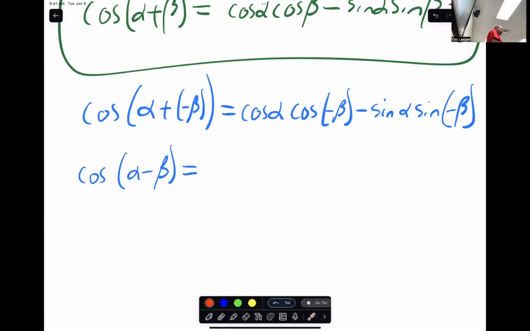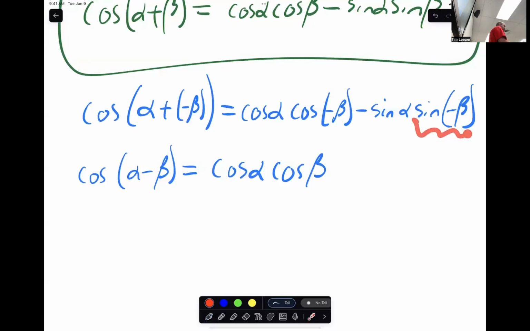But over here on the right-hand side, notice that this negative beta is on the inside of a trigonometric function, so it can either go away or it goes on the outside, one of the two. Is cosine even or odd? Even. What even means is that negative sign just goes away, or you can add it in anytime you want. So this means that cosine alpha, cosine beta is what we're left with there.